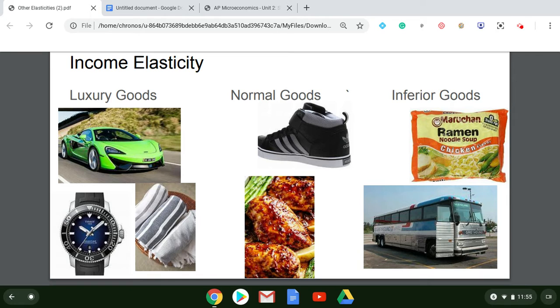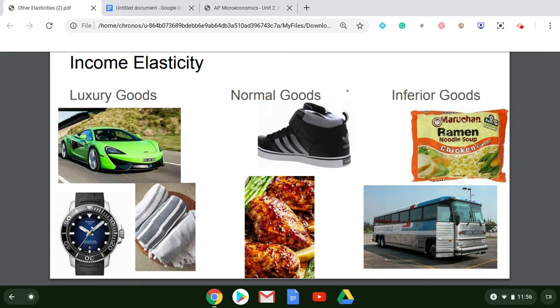And I'm not talking about the luxury tennis shoes, just a regular old walking shoe. And chicken: if you're going to eat chicken during the week, I'm not talking about fine dining chicken, but as your income increases, you'll consume more food. That's just a normal good, a normal necessity, like bread.